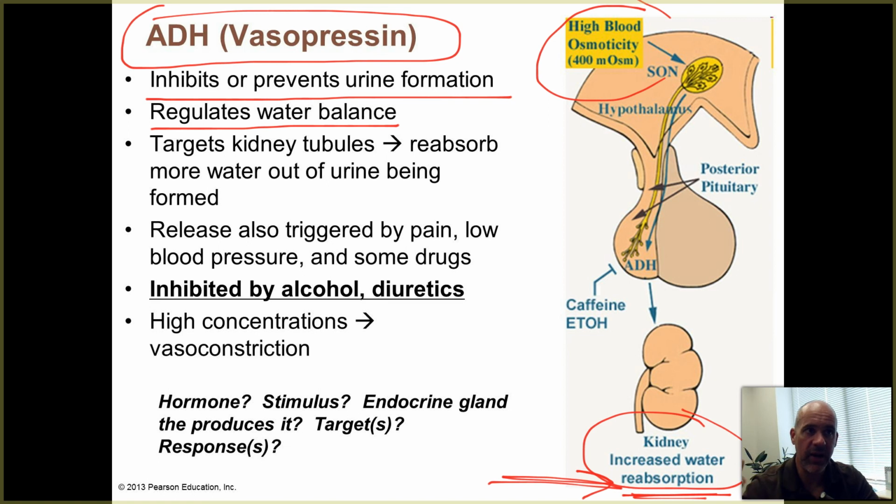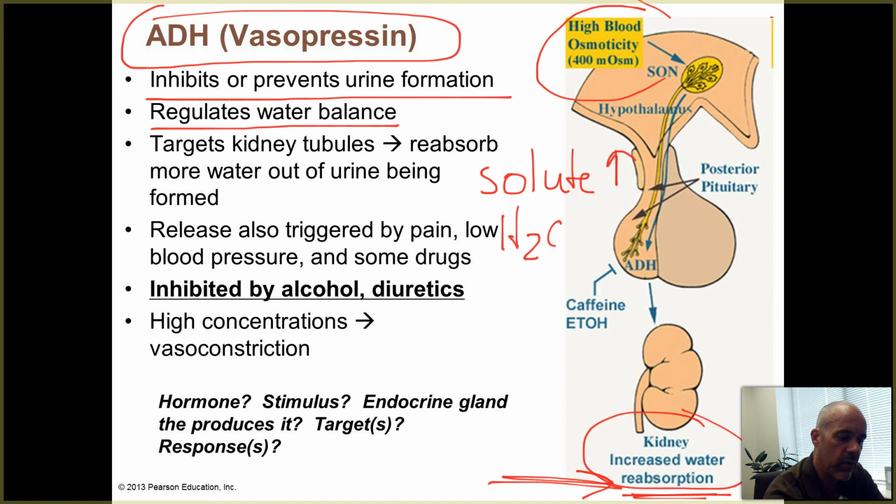A higher osmolarity, osmosis refers to the movement of water across cell membranes. That is influenced by solute concentrations. So a high blood osmolarity or osmoticity here on this diagram means your solutes are more concentrated. Well, guess what that means if you have higher solute concentrations?